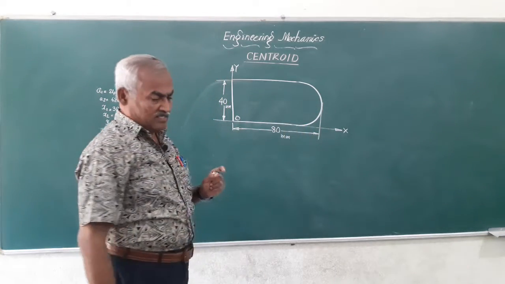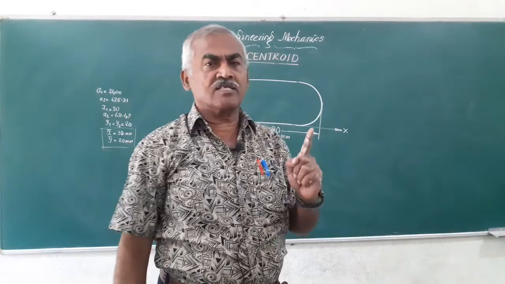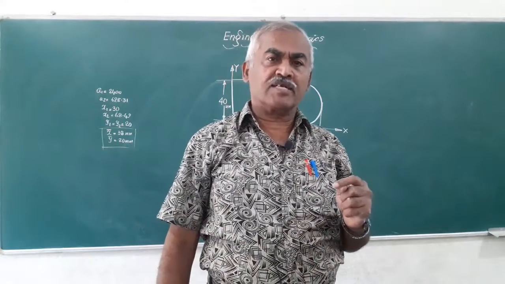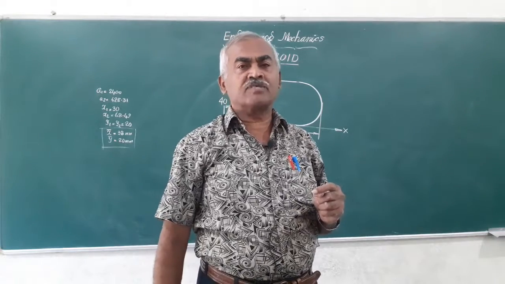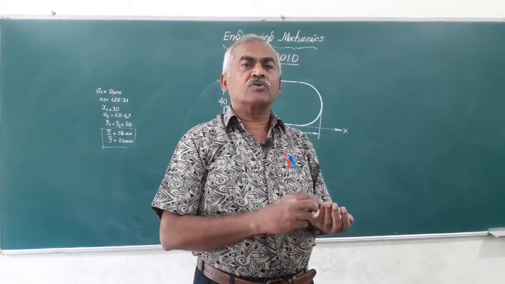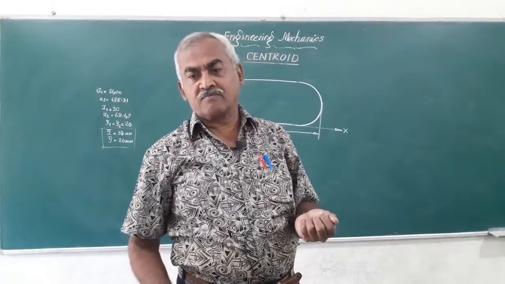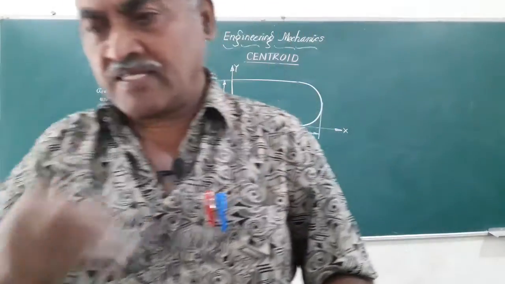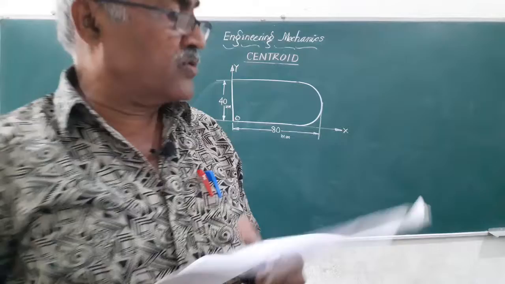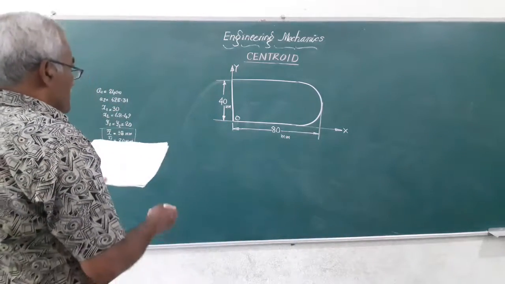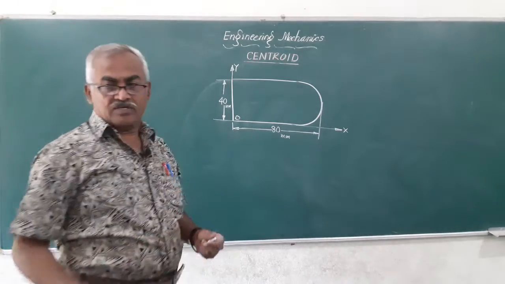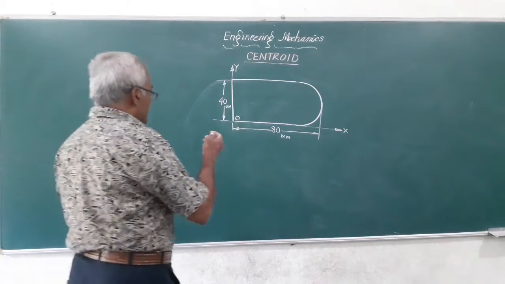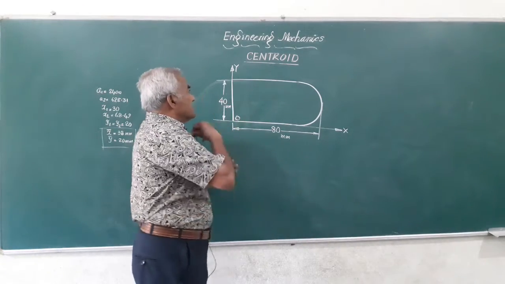Friends, in all the problems on composite plates or composite laminae, you have to see how best the plate can be split into a number of figures. First, we have to locate the values of x bar and y bar for the given figure.